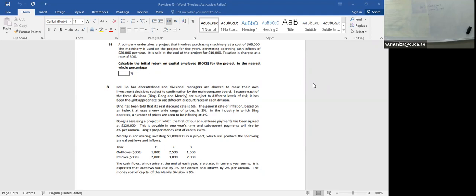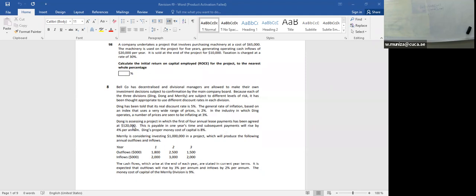This is payable in 1 year's time, and subsequent payments will rise by 4% per annum. Now, Angelica, again, you need to consider these things in investment appraisal.